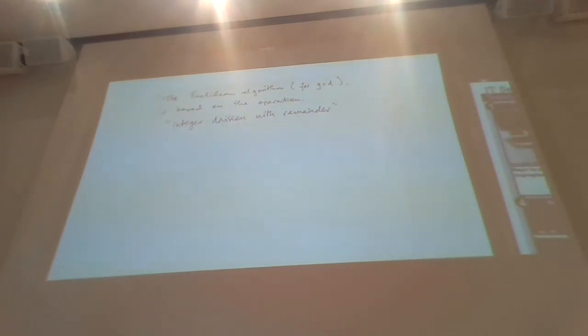But even if the number is not completely divisible, you can still do your best job at writing it as a multiple of it, and then there'll be a small remainder left over. 24 is 1 times 15 with the remainder of 9. So that's integer division with remainder.